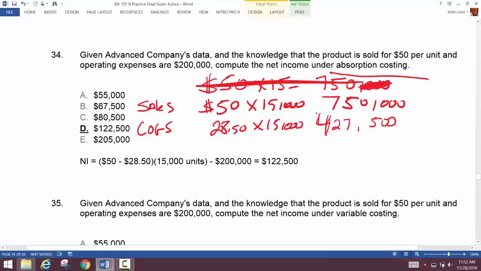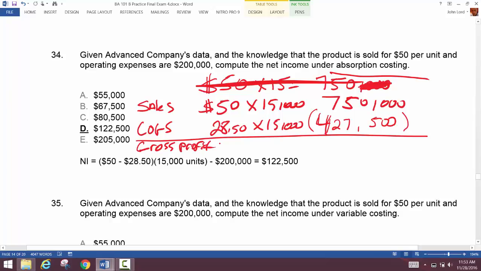Okay, so what does my sales minus my cost of goods sold give me? No. Contribution margin is my sales price minus my variable cost. I've got some fixed cost in there, don't I? Good. That's my gross profit.